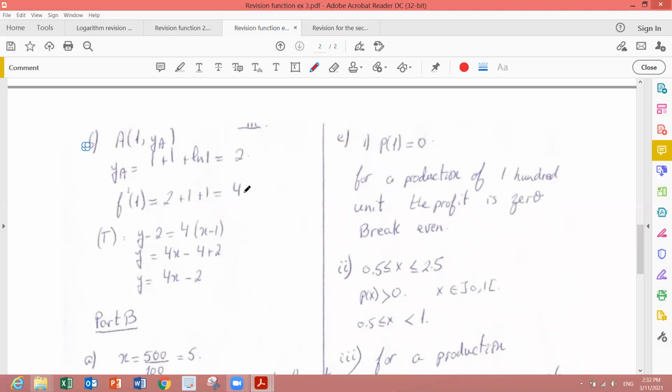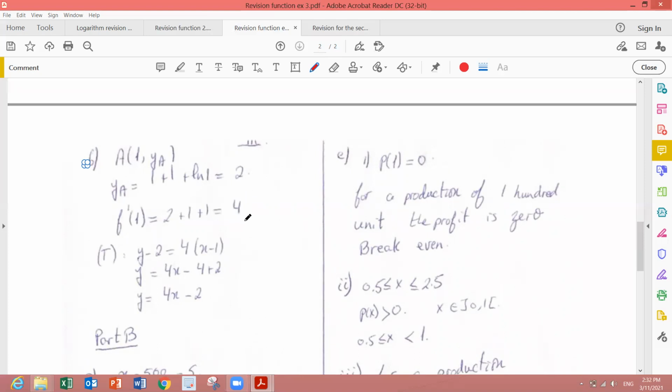We get 4. Then the equation of the tangent is y minus yA, y minus 2, equals slope 4 times x minus xA, which is 1. So y equals 4x minus 4 plus 2. So y equals 4x minus 2.